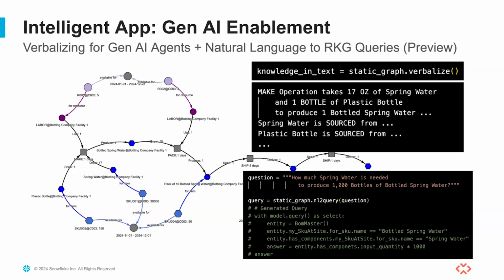So whether you're fine-tuning a model with a description of your business, or providing a description of your business via prompts, you can take this model in a high-level way and express it in natural language, and then feed that into language models so that you can create agents and do other really interesting things with Gen AI. More coming here. I would love to show you more in the future.